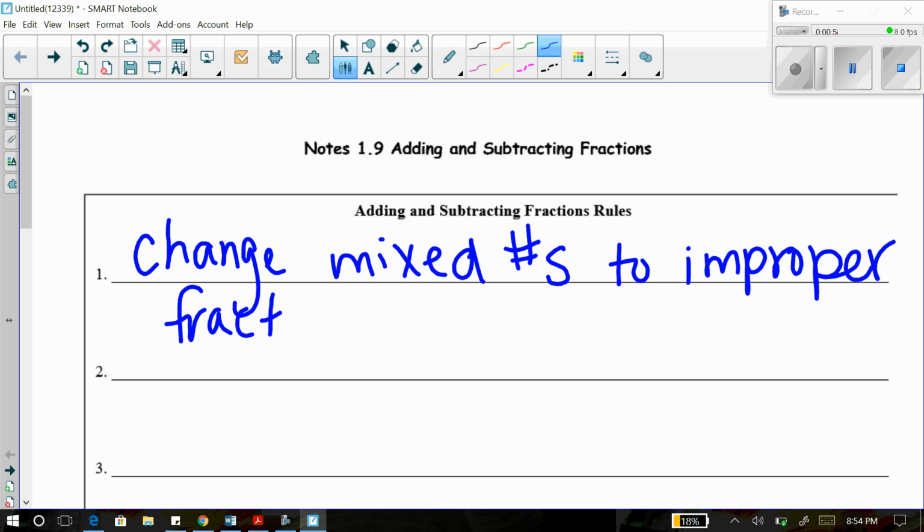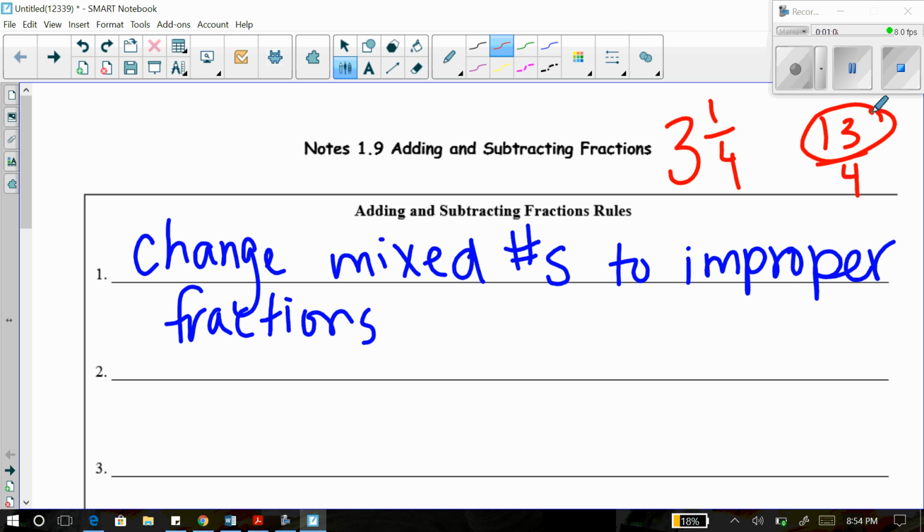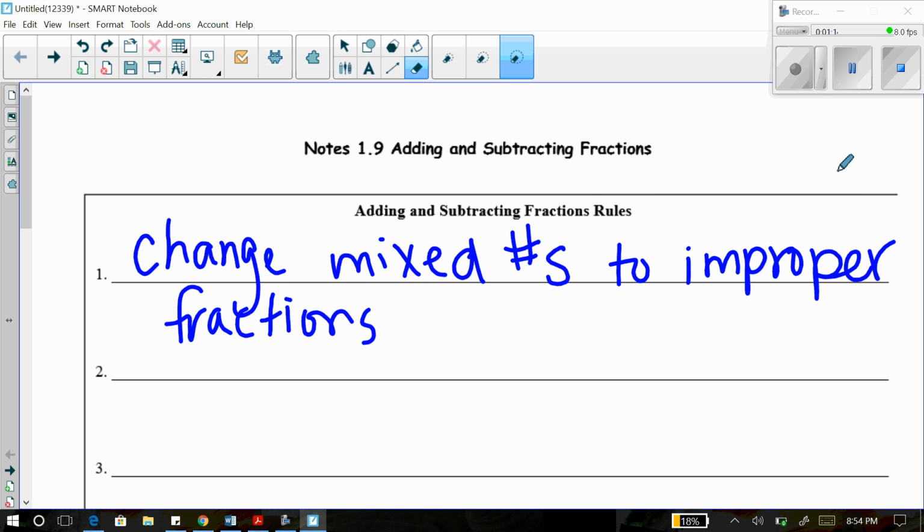So we know mixed numbers look something like this, and improper fractions look something like this, where a numerator is bigger than the denominator. We are going to talk about how to change mixed numbers to improper fractions a little bit later in this lesson. So for now, just write that, and we'll talk about that in a little bit.